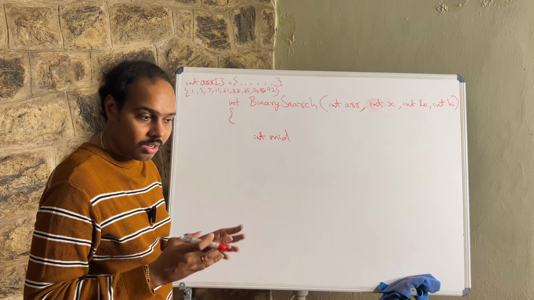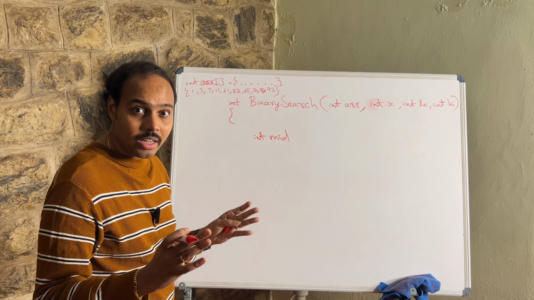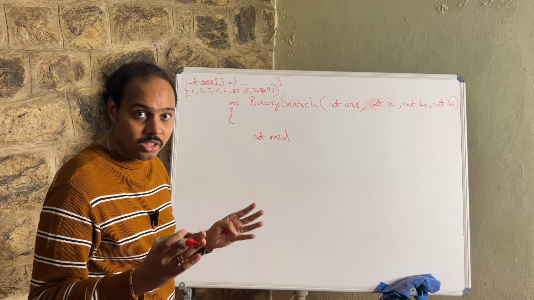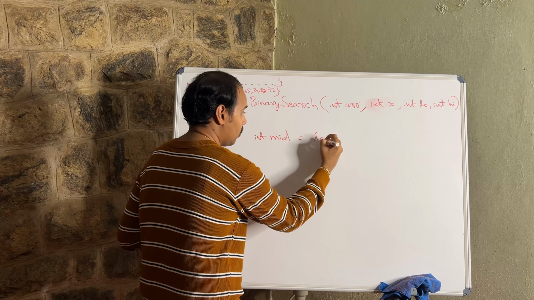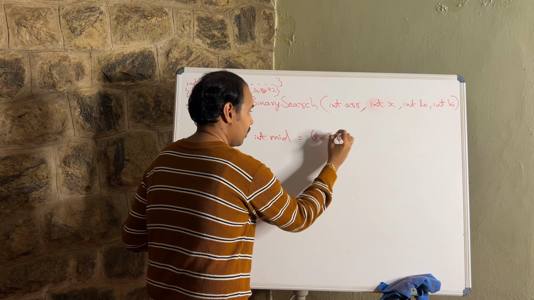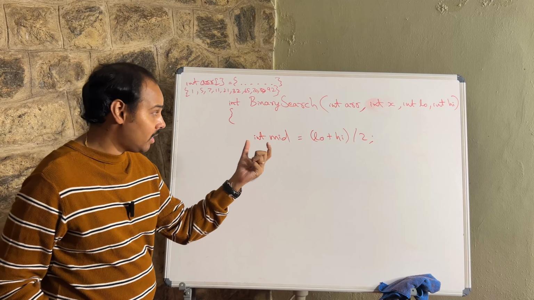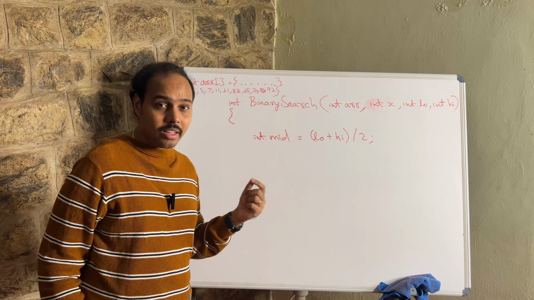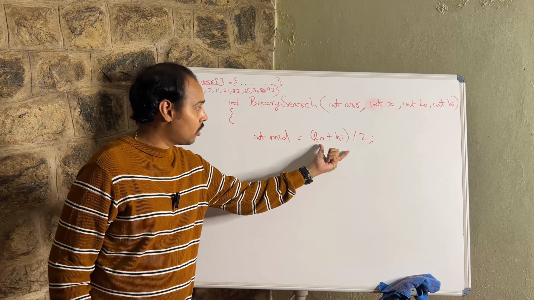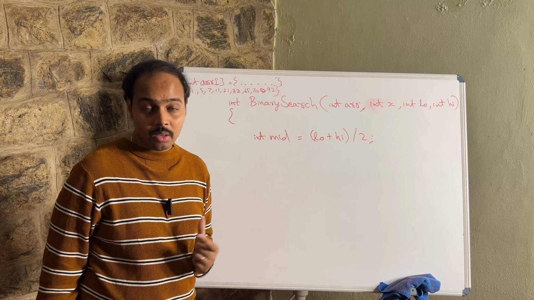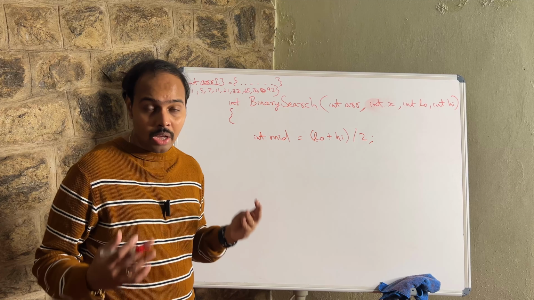Because whichever range you take the mean, you will end up in the mid of the starting and the ending portion of that range. So it is low plus high by 2. There is a small mistake, I can't say mistake. In some situations, this would cause a problem. We will look into it later to keep our focus on the algorithm itself.